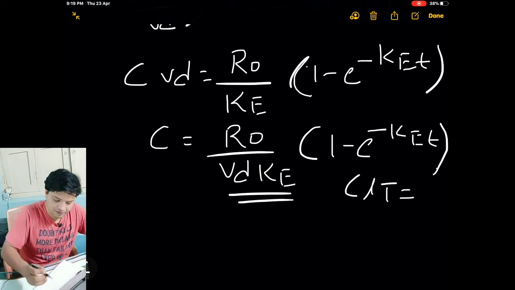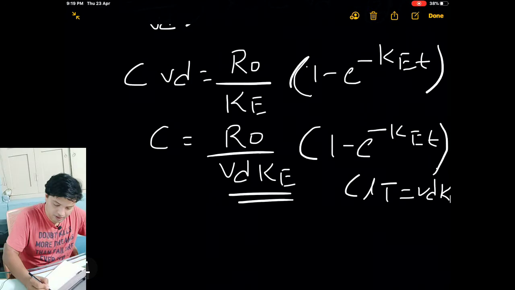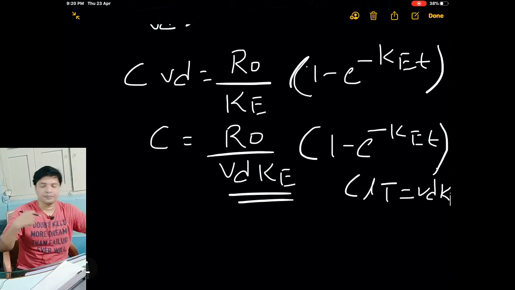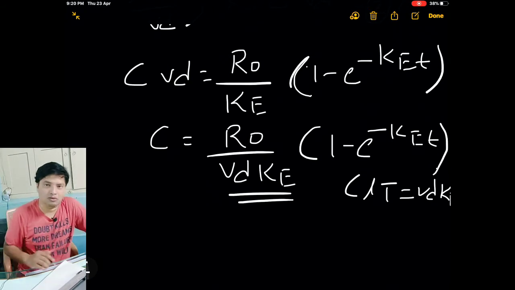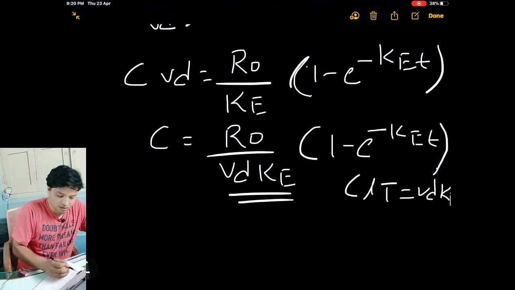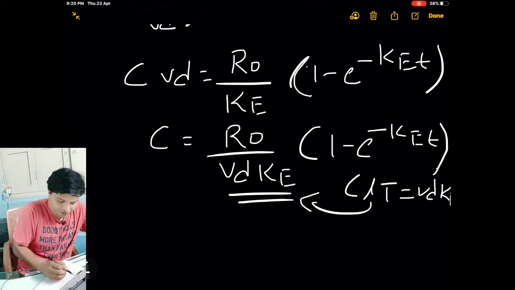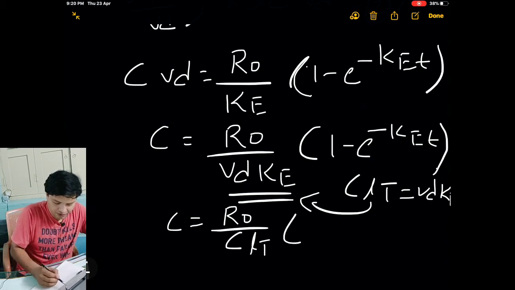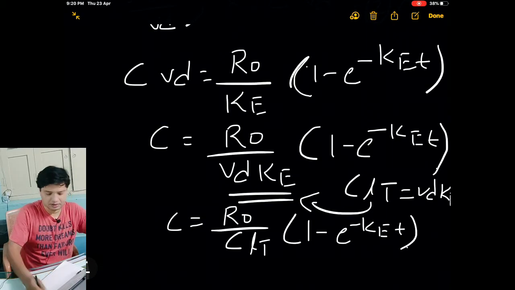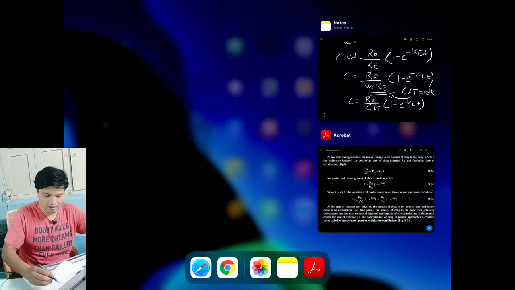Clearance is volume of distribution into KE. We saw that in our first video, so you have to go and check it. Substitute this in, and concentration is equal to R naught by clearance into 1 minus e to the power of minus KE t.